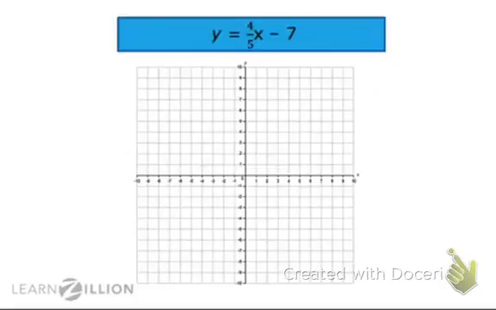To graph the equation y equals 4/5 x minus 7, we identify the slope as 4/5 and the y-intercept as -7, because this minus 7 really means that this 7 is negative. Because we know that y is -7 when x is 0, we put a point at -7 on the y-axis.